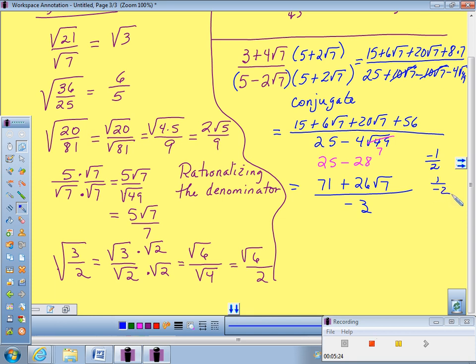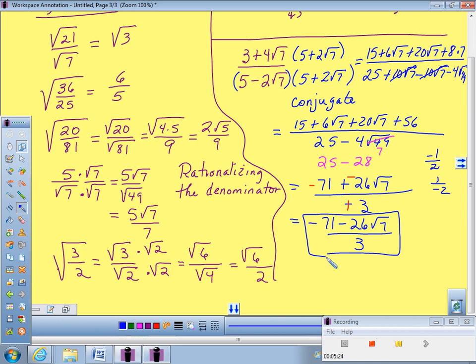You can put a negative in a fraction wherever you like. You can put it on the top, you can put it on the bottom. So in this case, if we don't like it on the bottom, we choose to move it to the top, and we simply say, okay, you're going to change all your signs. You're going to make the bottom become positive. You're going to change all the signs on the top, which in this case makes them negative. So my final answer is really negative 71 minus 26 times the square root of 7 all over positive 3.